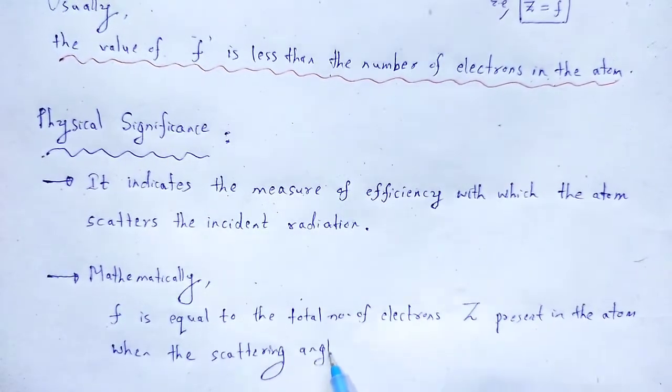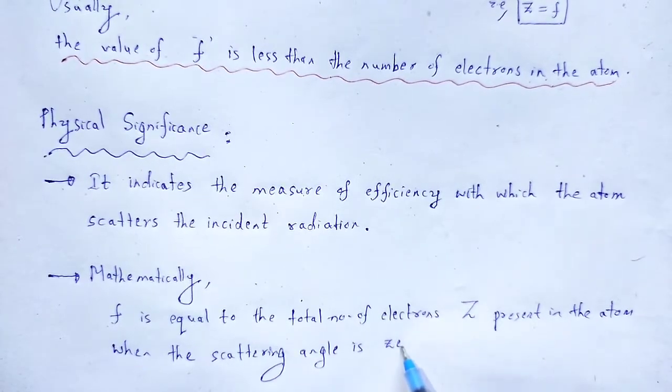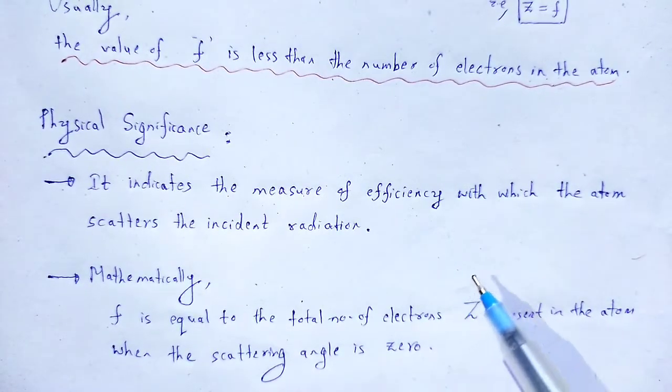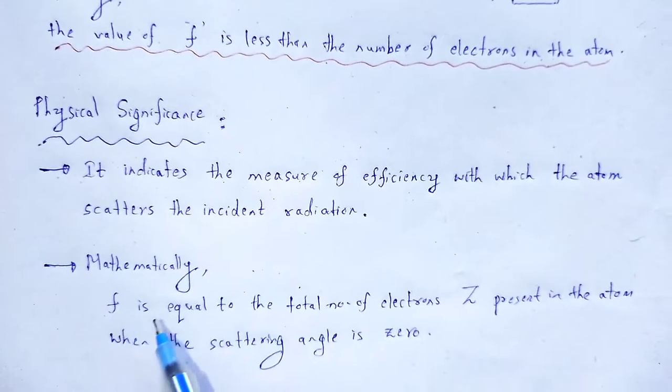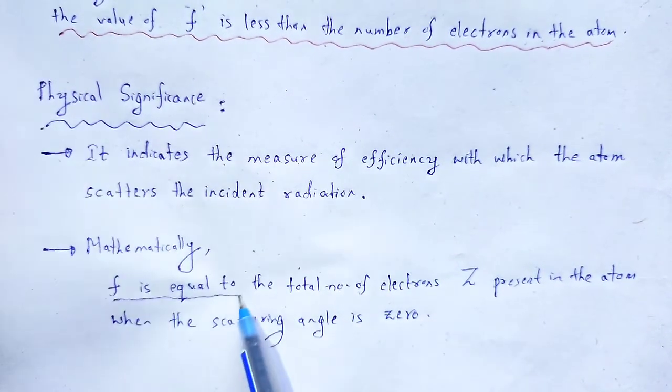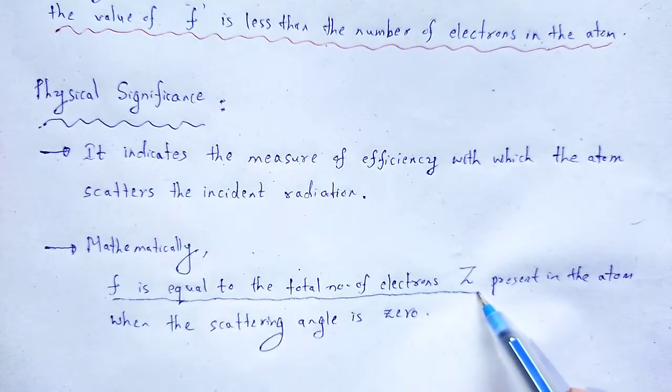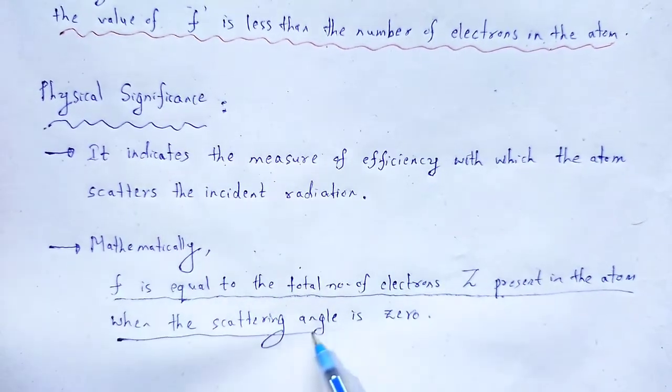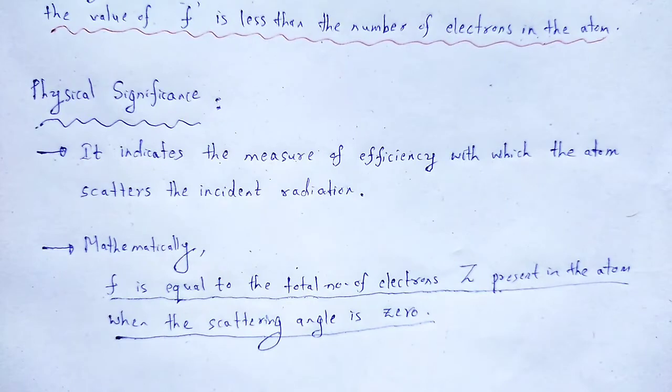When the scattering angle is 0, then F is equal to the total number of electrons present inside the atom.